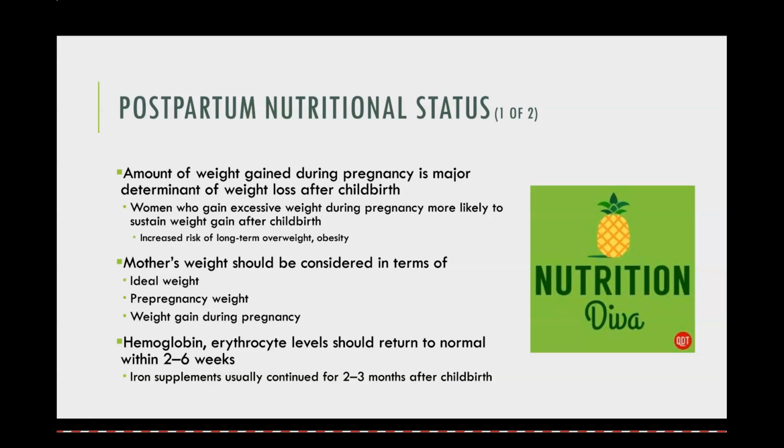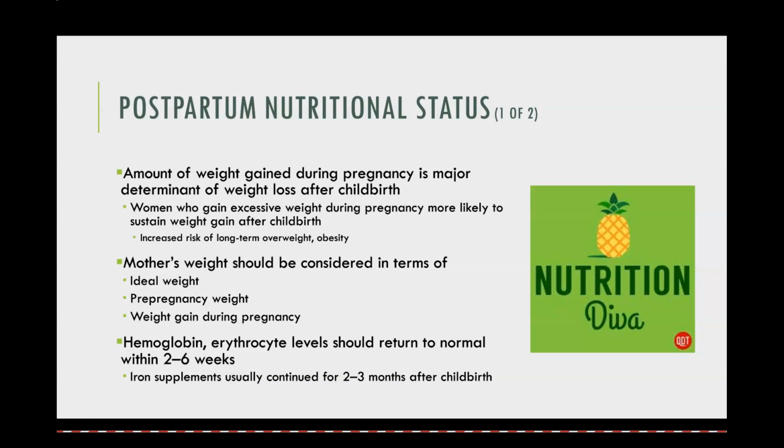A mother's weight should be considered in terms of what their ideal weight is, what their pre-pregnancy weight is, and by the weight gain that happened during pregnancy. So in other words, what does the mom want to weigh? What did she weigh before she got pregnant? And how much did she gain during the antepartum period? And that is how we should help them from a nutritional standpoint.